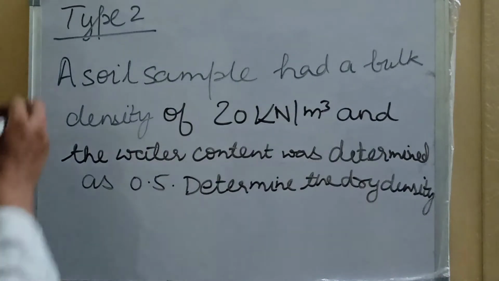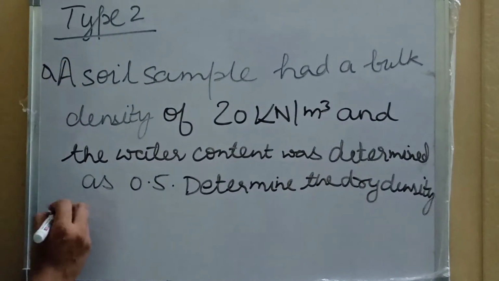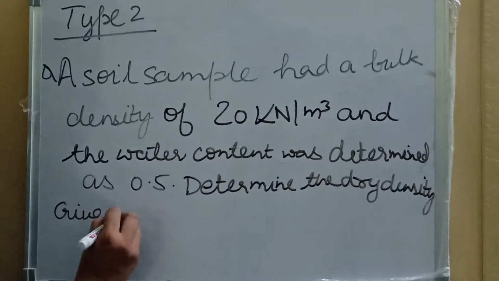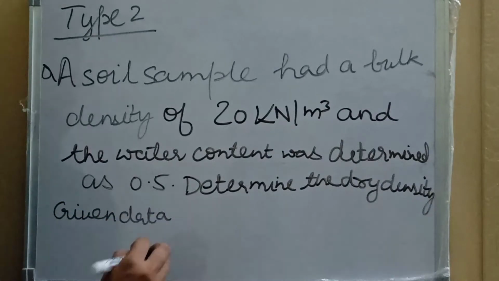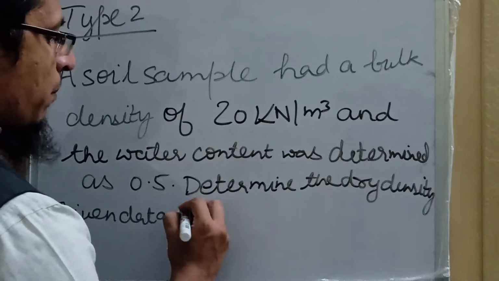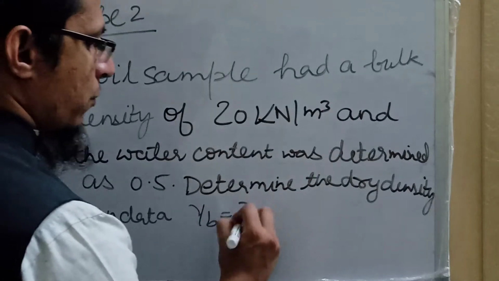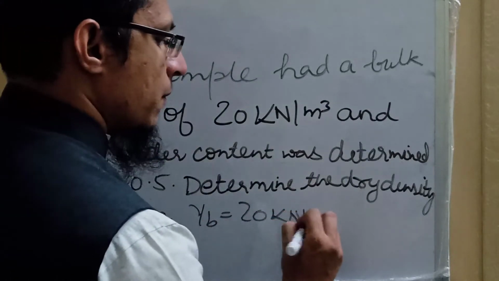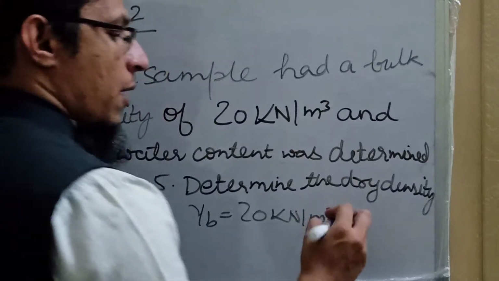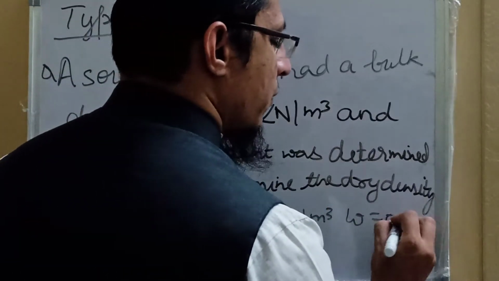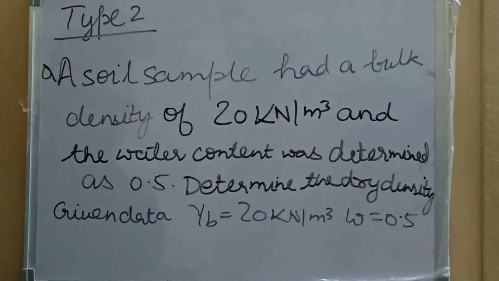Again in this numerical we can write the given data. We have been given the bulk density, that is gamma b is 20 kilonewton per meter cube, and the water content is 0.5. Now we know the relationship between bulk density, weight and volume, but we don't have weight or volume here.